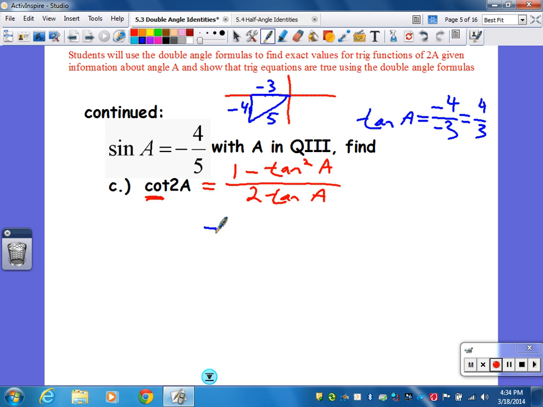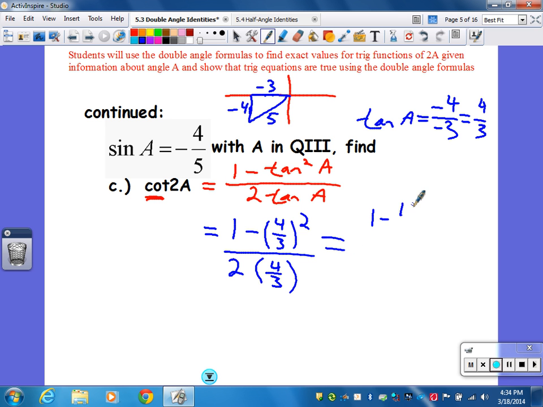So we have 1 minus 4/3 squared all over 2 times 4/3. Okay, so now if we do the math, we end up getting 1 minus 16 over 9, and then also 8 over 3. We do the math, we end up getting negative 7/20.